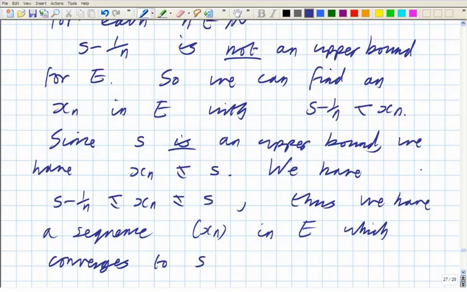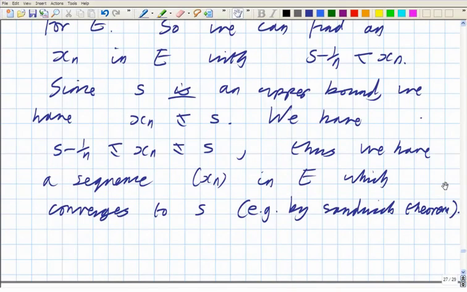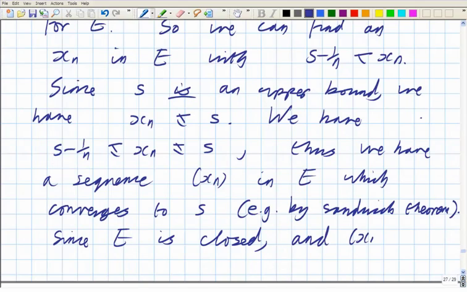So we've got this sequence xn in E, it's converging to little s, the least upper bound, by, if you like, the sandwich theorem. Then, since E is closed, and xn is a sequence in E which is converging to something, the limit, which is little s, has to be in E too, by the sequence criterion for closedness.